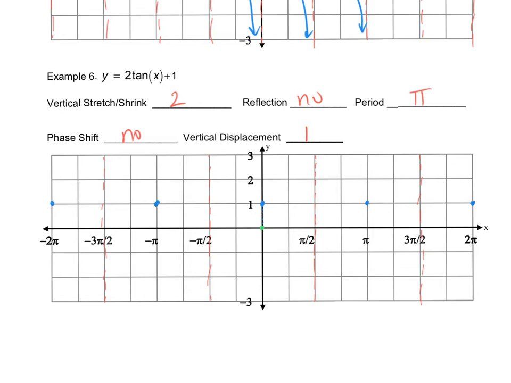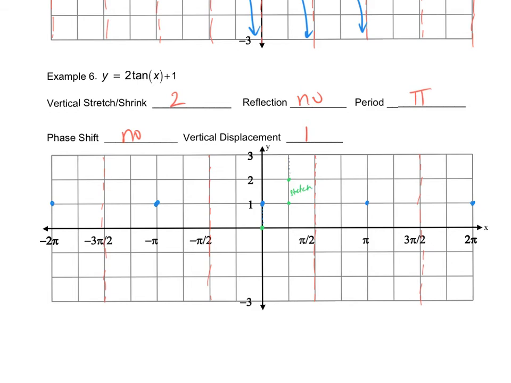Now we also have a vertical stretch. So at pi over 4, I initially would have had a value of 1, and then we had to stretch it, and then we have to move that.